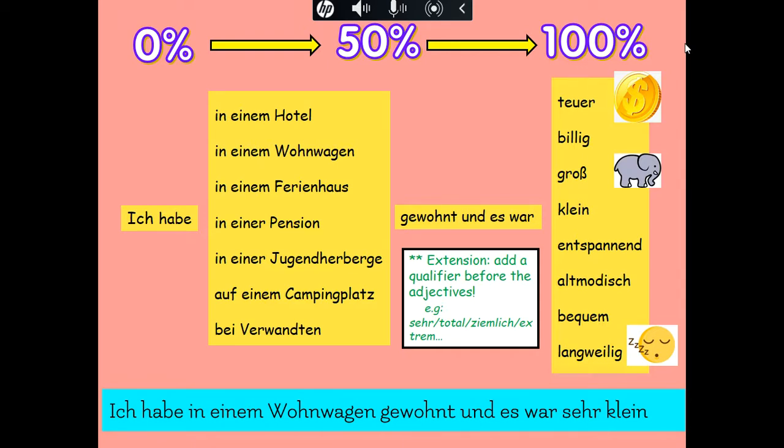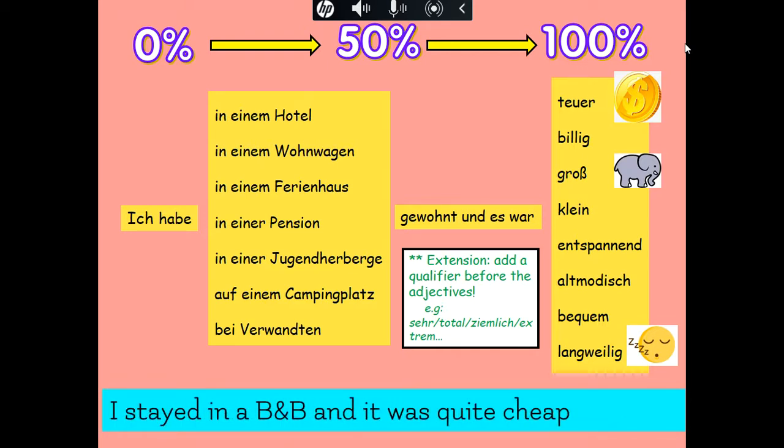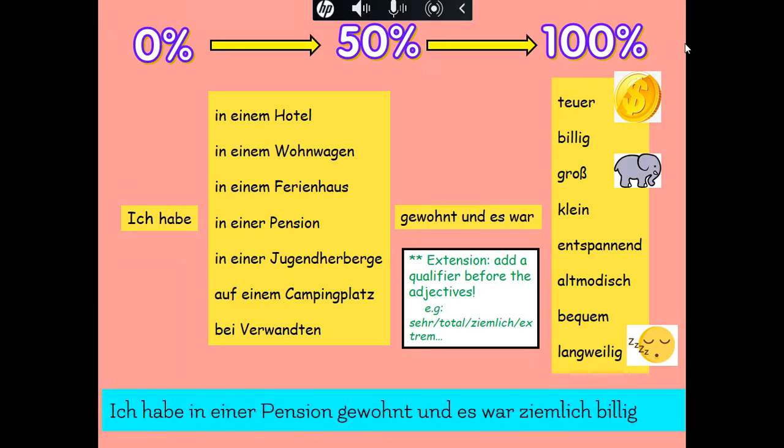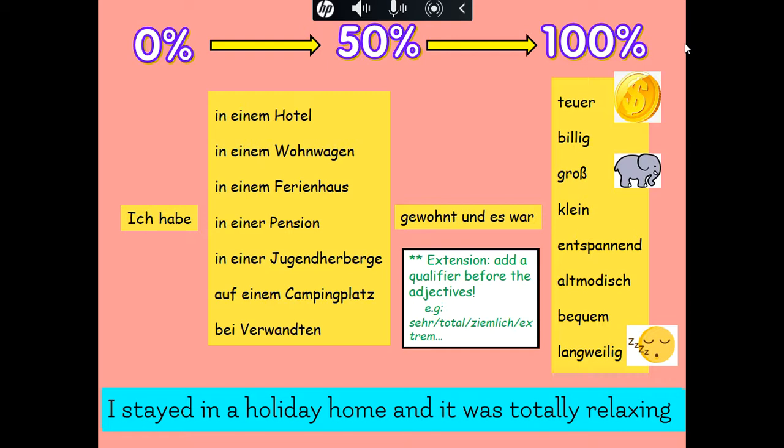And the next one, write this down in German. I stayed in a B&B and it was quite cheap. And the correct translation is, ich habe in einer Pension gewohnt und es war ziemlich billig. And your next one, write this in German. I stayed in a holiday home and it was totally relaxing.